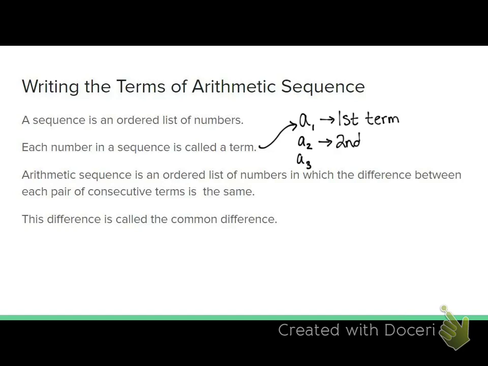The second term. And of course, a sub 3 is the third term. So there's some new notation that we have to get used to. Why they use the letter A to refer to terms, I don't know. Somebody chose it long ago. But we can have a sub whatever number we want for the terms.